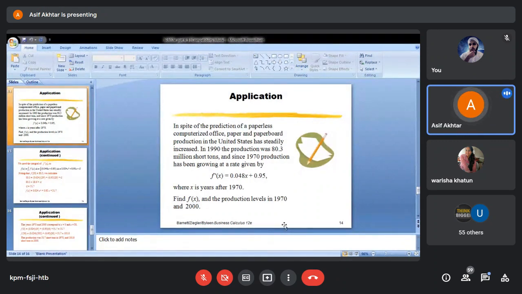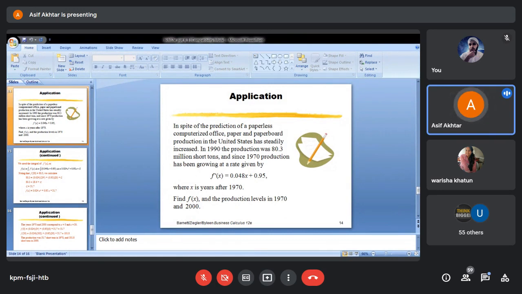X is the year after 1970. 1970 के बाद कैसे प्रोडक्शन पेपर का और पेपर बोर्ड का यूनाइटेड स्टेट्स ऑफ अमेरिका में बढ़ा है, that situation is represented with the help of this function which is given to you, 0.048x plus 0.95, where remember that x here is not the quantity, x here is the number of years after 1970, right? So this is what we have.